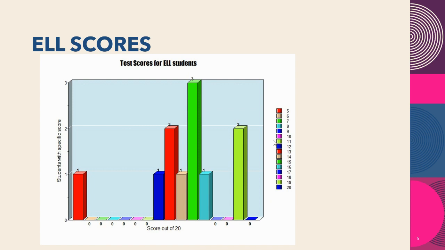So for that, you had 1 with 5, 1 with 12, 2 with 13, 1 with 14, 3 with 15, 1 with 16, and then 2 with 19. And again, I definitely will not be using this format of a bar graph again, because I would want you to have the numbers down here rather than being this color-coded system.